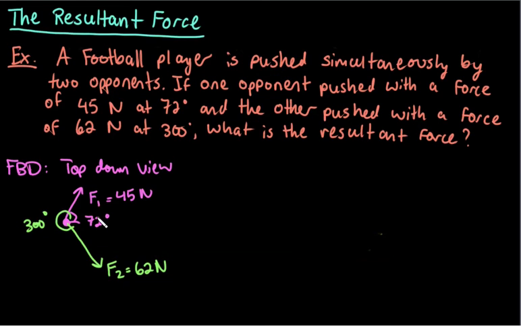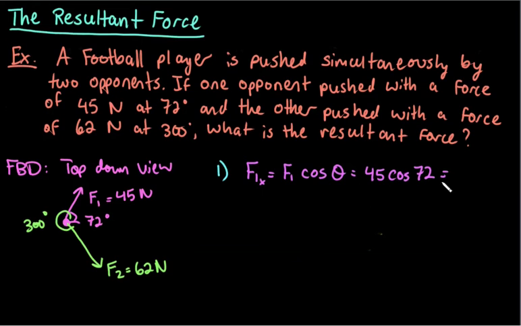Now I'm going to go ahead and actually start solving for the resultant force. So step 1, I'm going to take a look at the different forces and break them up into their components. So F1x is equal to F1 cosine theta, which is 45 cosine of 72.